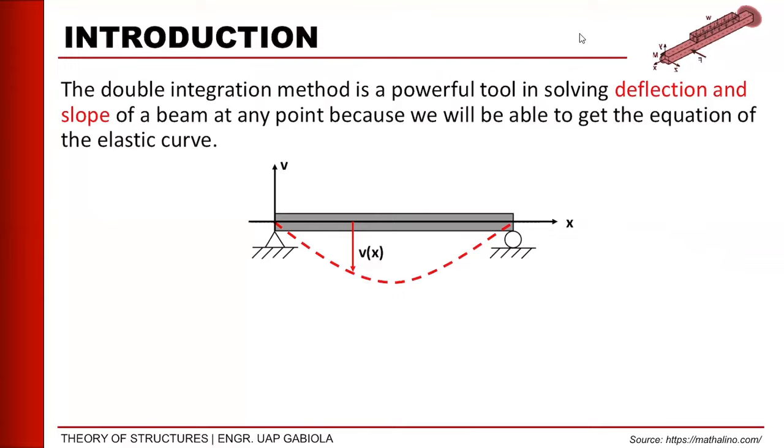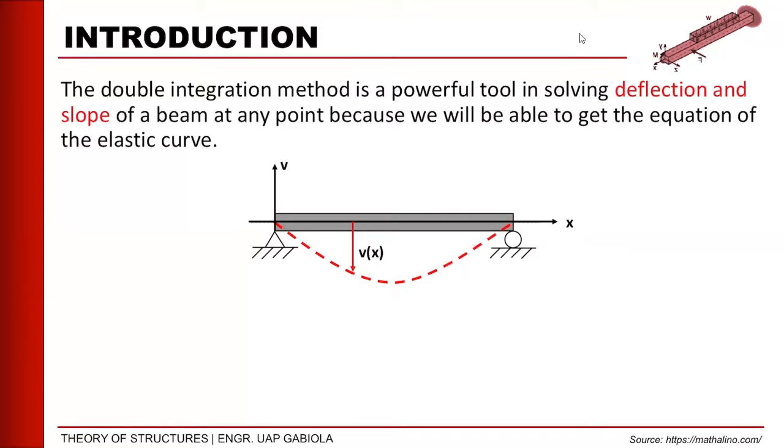Okay? So for this particular beam, we have a simply supported beam with x axis natin as x and vertical direction natin as v. Okay? And then when we have the elastic curve here, when we want to know yung deflection niya and yung slope niya at any section ng elastic curve natin, we can actually select any point dun sa elastic curve natin.